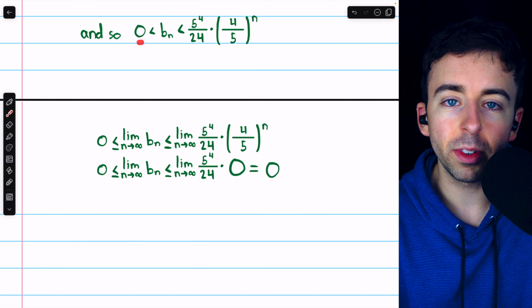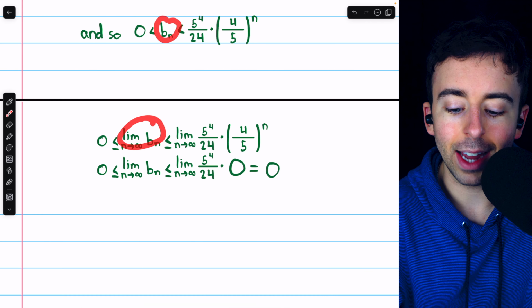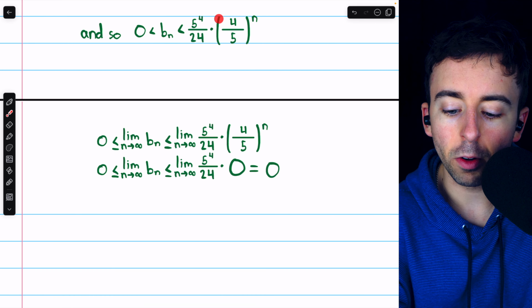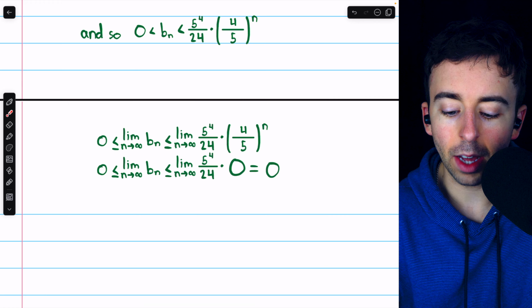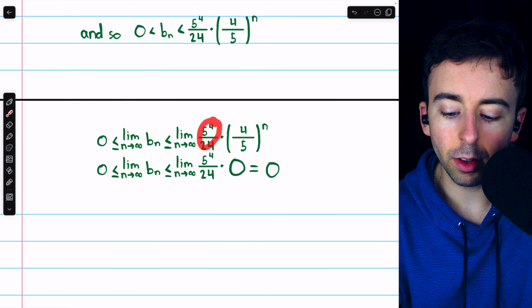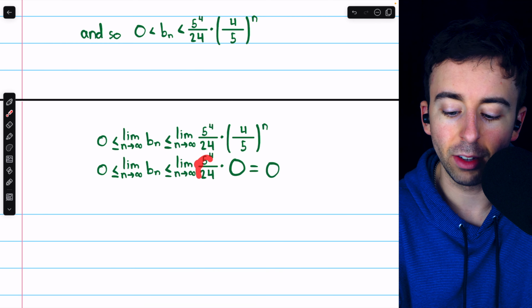But the limit of 0 as n goes to infinity, of course, is just 0. Then we have the limit of Bn as n goes to infinity. And then on the right, we have the limit of that expression as n goes to infinity. Now, the limit of this as n goes to infinity, well, 5 to the 4 over 24, that doesn't depend on n, so that is what it is.